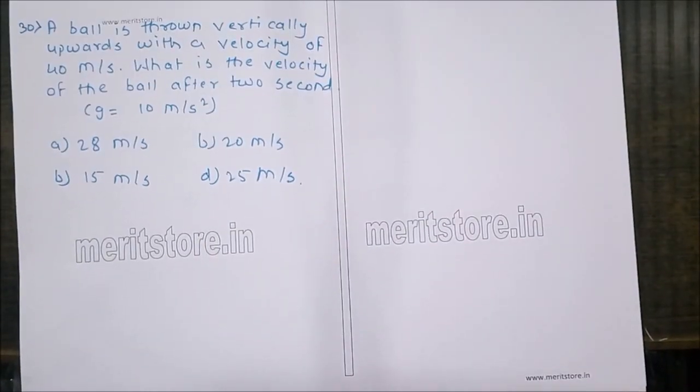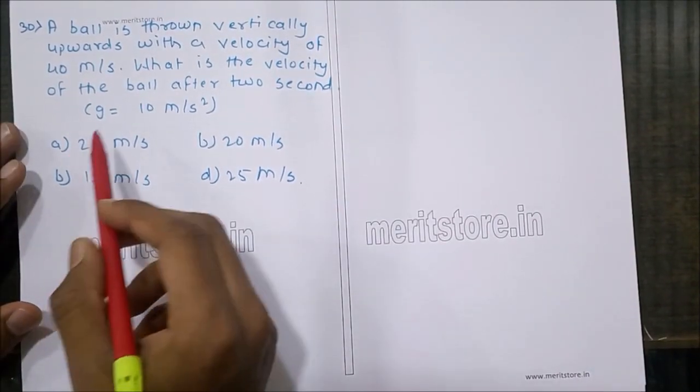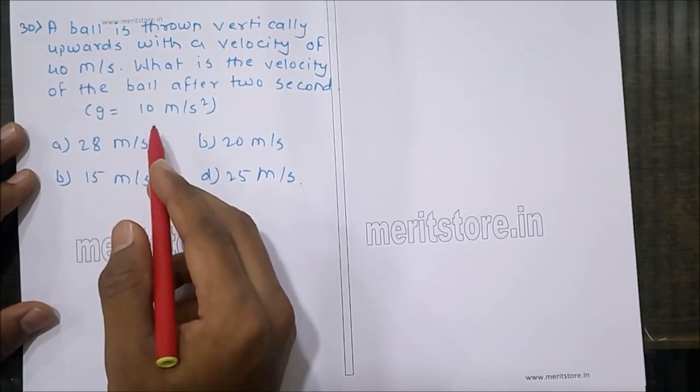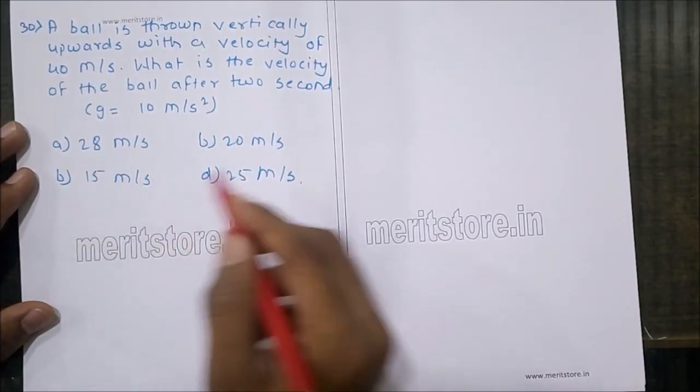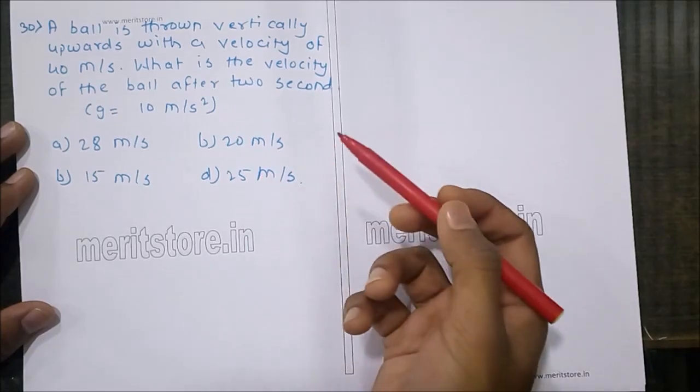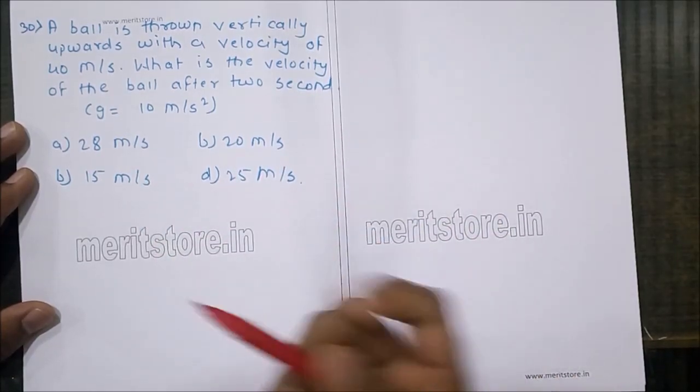A ball is thrown vertically upwards with a velocity of 40 meters per second. What is the velocity of the ball after 2 seconds? The acceleration due to gravity is given as 10 meters per second square. The options given are 28 meters per second, 20 meters per second, 15 meters per second and 25 meters per second.